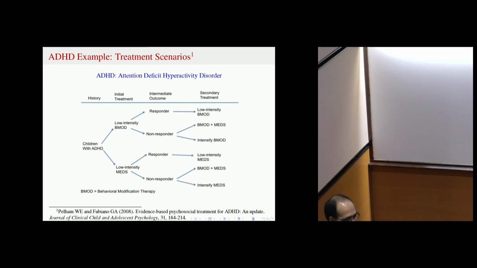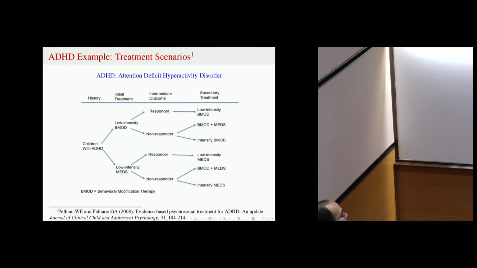Then, based on some predefined measure, you classify them as responder versus non-responder to their initial or first line treatment. Then you apply your secondary treatment, and typically if they are adjudged as responder, you might want to continue the same treatment, in this case behavioral modification therapy, and in this case the medication.